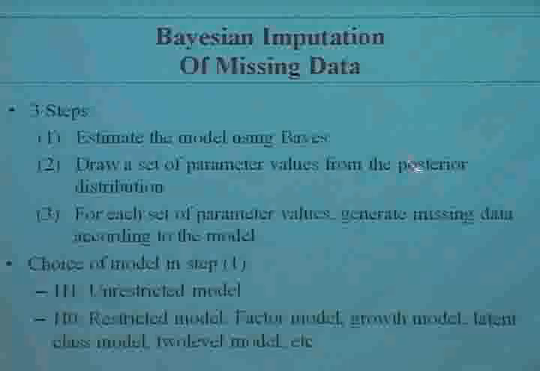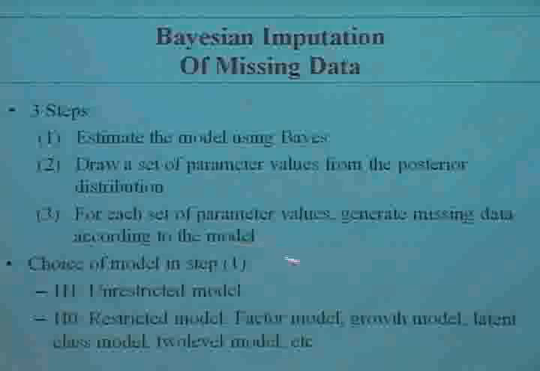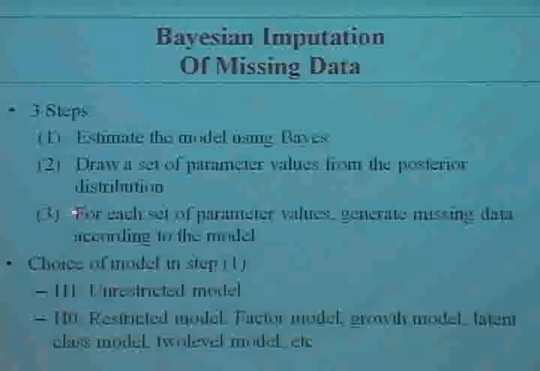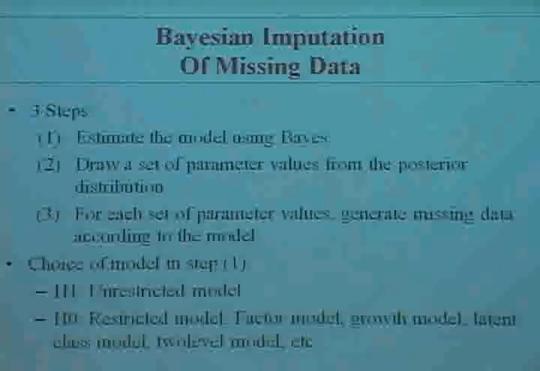Those are the parameters from the posterior distribution, and from those parameters we generate missing data according to the model. This is done to ensure that the imputations are independent. We take exactly 100 iterations between every imputation. That's the Mplus default.